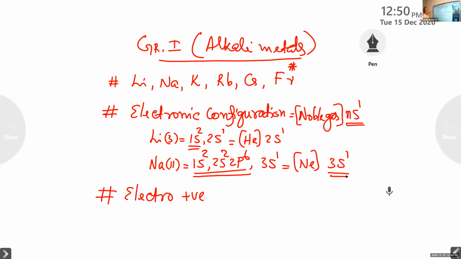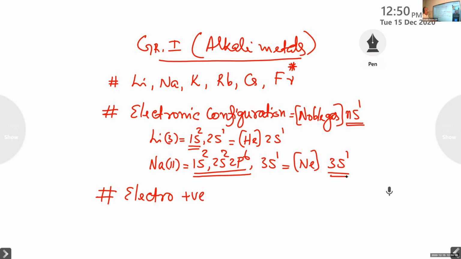You consider only up to group 17 halogens. You just forget about the noble gases. They have slightly larger size.